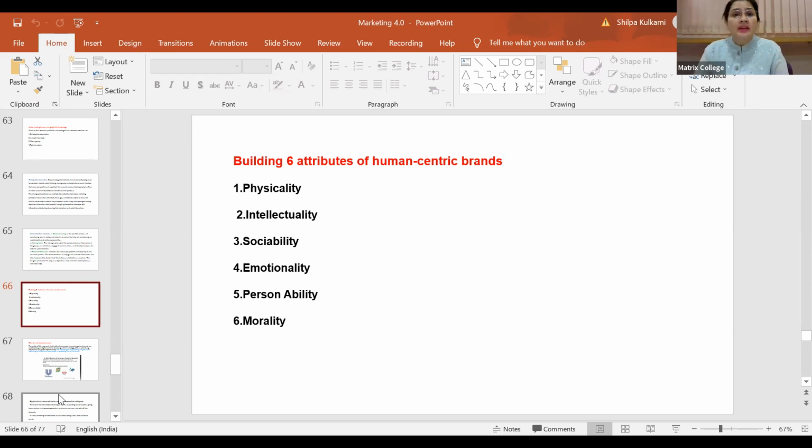Then we come to sociability. In sociability, what was it? I gave you the example of Ramdev Baba, right? He's doing well in healthcare and at the same time in the cosmetic domain also. So it is a good example of sociability. Emotionality: brands that evoke emotions and can drive positive customer actions. They connect with customers on an emotional level with touching messages. I gave you two examples.